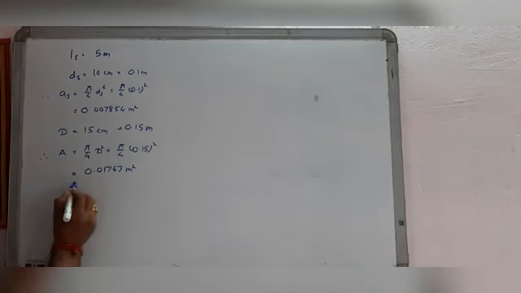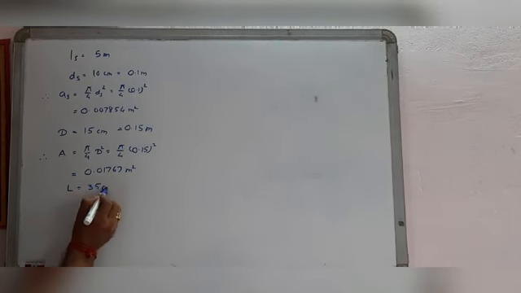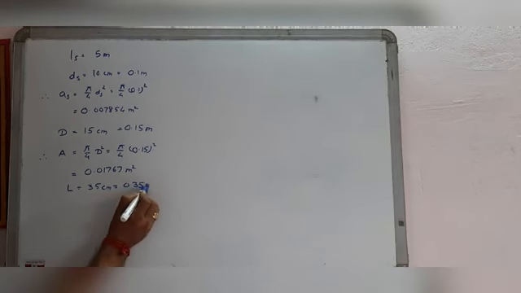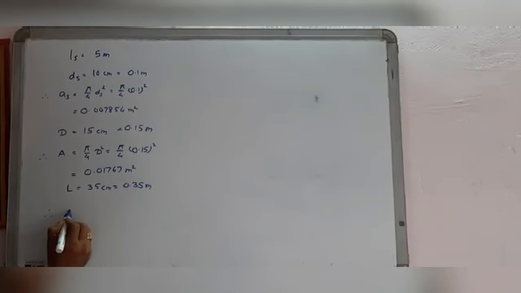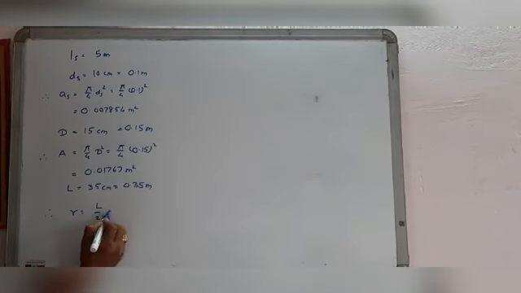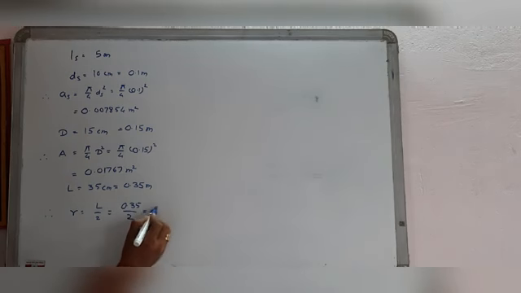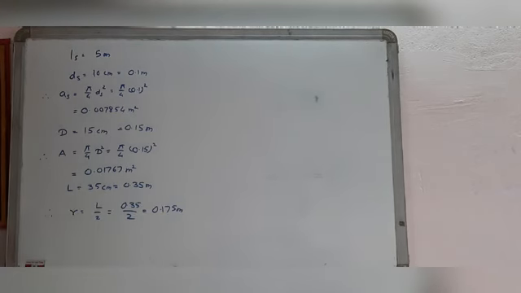Stroke length is given 35 centimeter equal to 0.35 meter. Crank radius, so crank radius, that is R equal to L by 2, that is 0.35 by 2 equal to 0.175 meter is the crank radius.